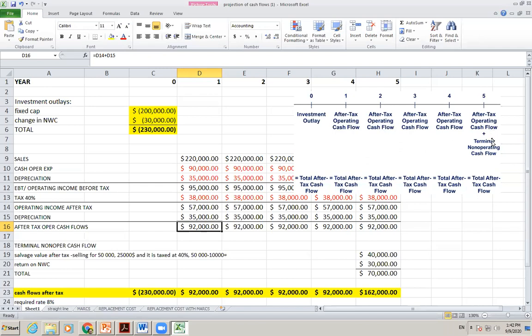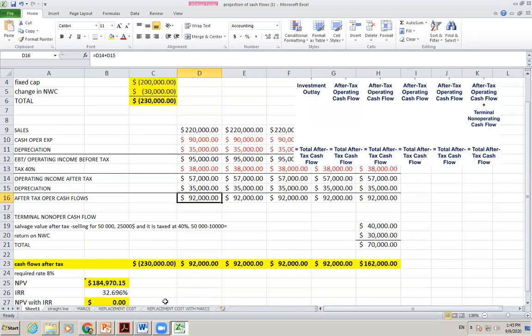Now, the turn came to explain the terminal non-operating cash flow. Once you calculate this one, the other one will be calculated automatically if you use the Excel function correctly. Everything depends on this directly.